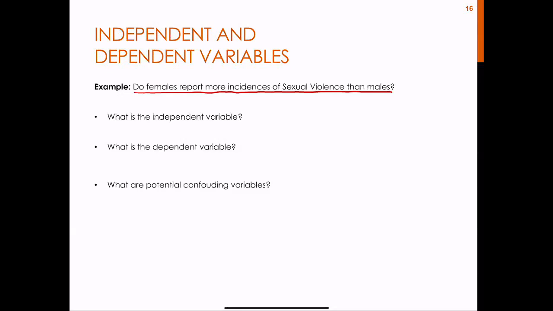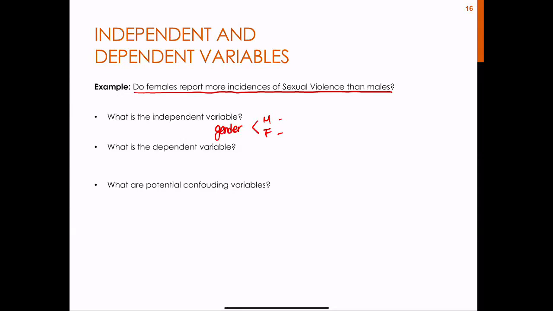So in this example, what is the independent variable? Yep, the independent variable is gender, male or female. Specifically, this independent variable of gender has two different levels, right? Male and female. So we want to compare these two different groups. So what is the dependent variable?